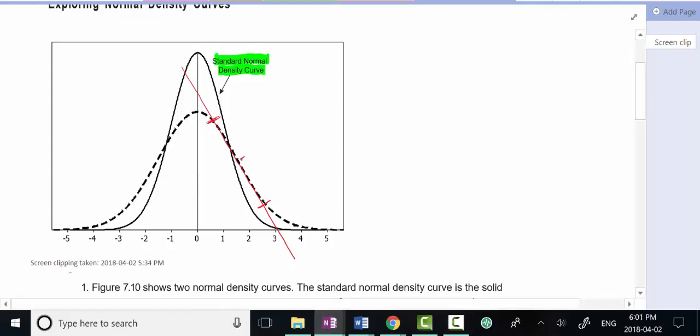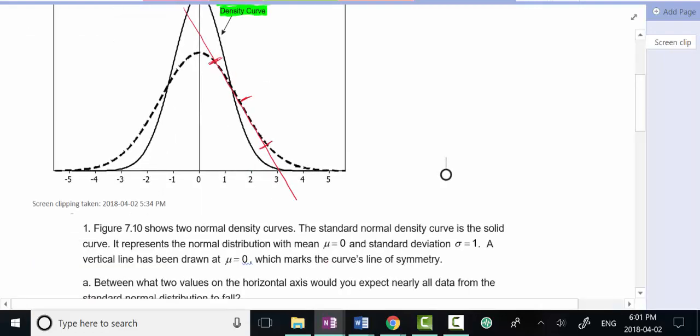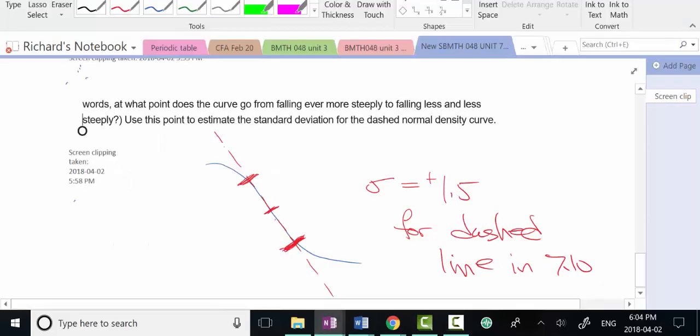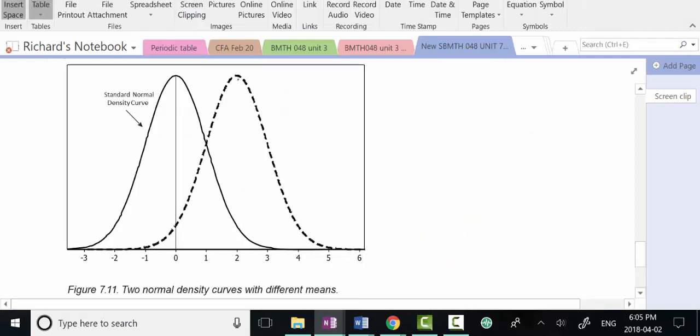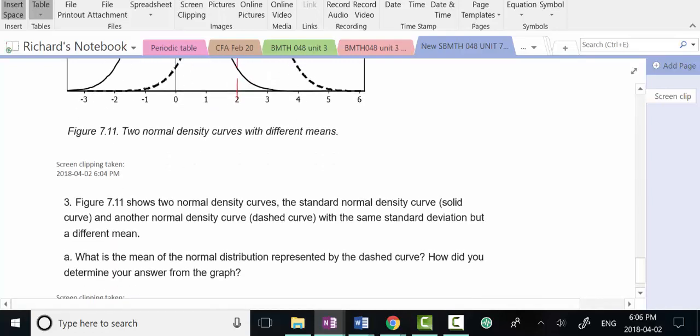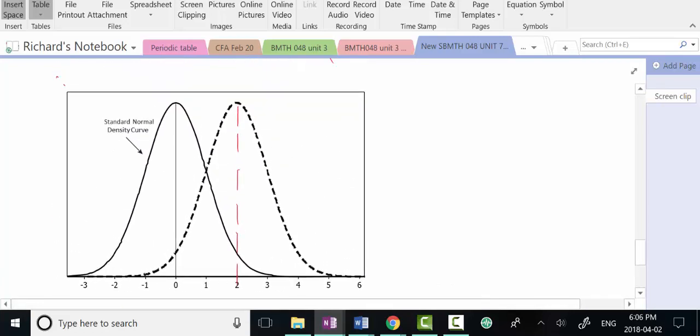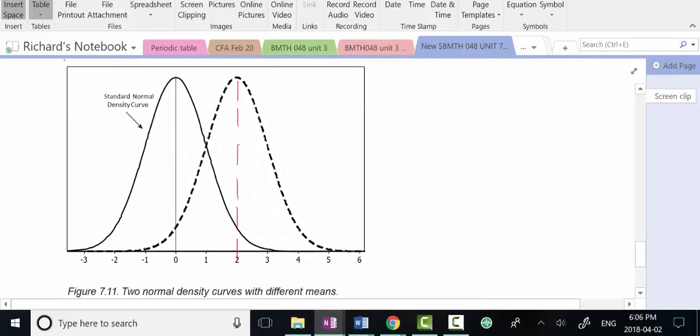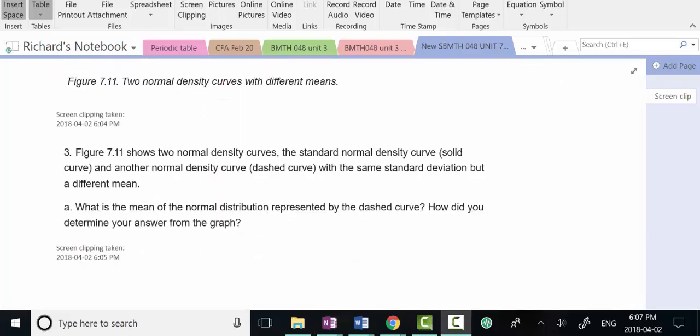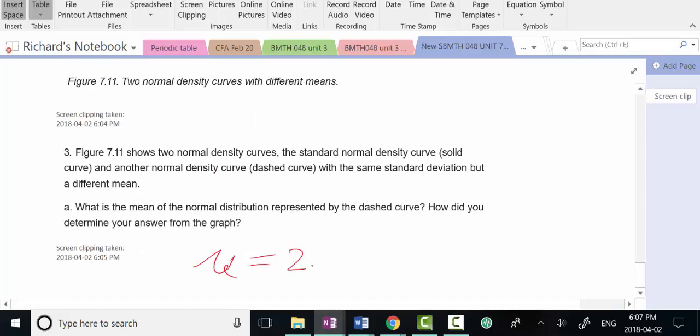I identify the midpoint of that segment, and then I draw a dashed line down to the axis, and I see that the standard deviation is about 1.5. Here is an expanded view of what I did. So the mean of this dashed curve is going to be around 2.